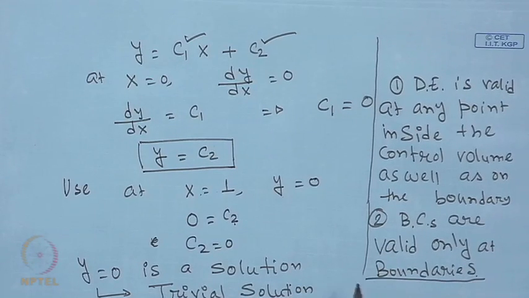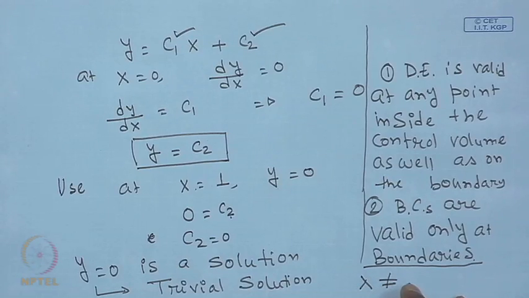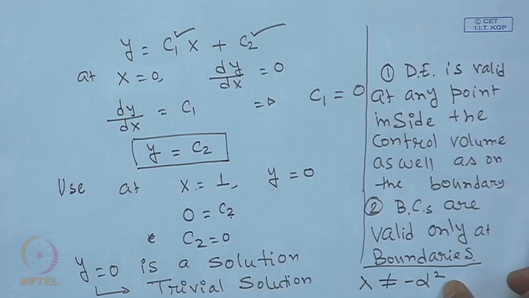So, what is our conclusion? Our conclusion is that alpha lambda cannot be negative. Lambda cannot be minus alpha square, so that is ruled out. So, what have we done till now?